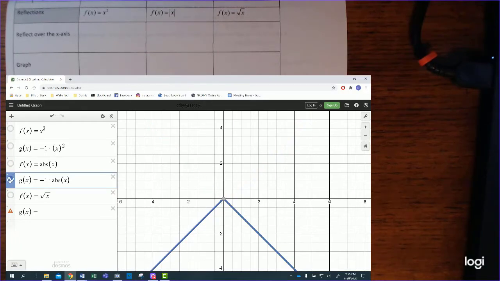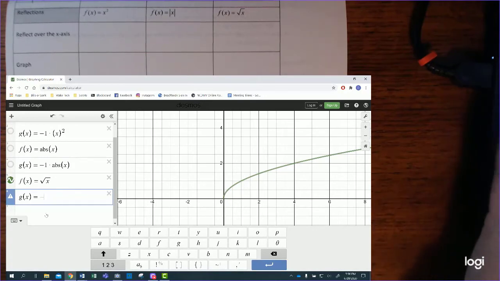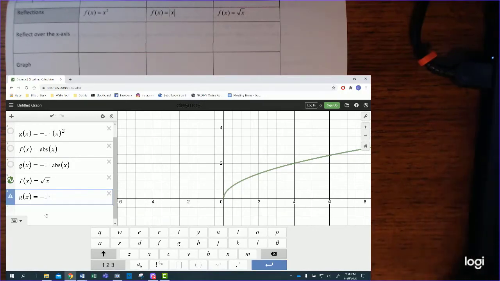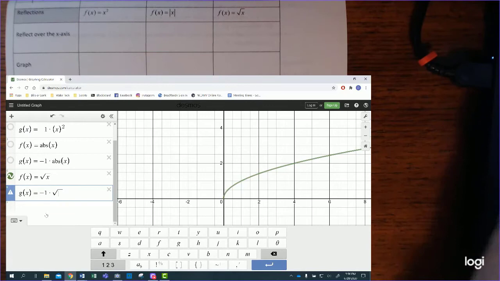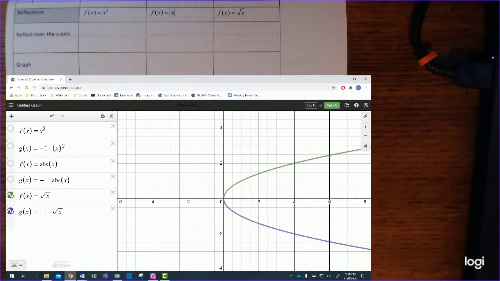Again, if you want a square root function to reflect over the x-axis, you want the y coordinates to change. You want this 4, 2 to become 4, -2. So you're going to need to put a -1 times the outside of the function. It's not inside underneath the radical, it's outside, and it flips it over the x-axis.